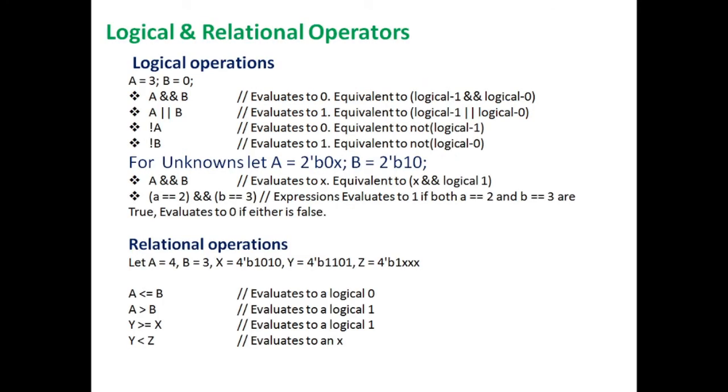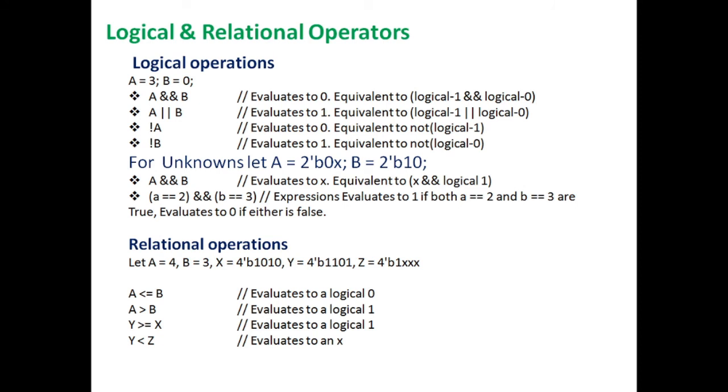Moving to the next operators, we have logical and relational operators. So what are the logical operators? Say A has taken a register, it may be an integer or whatever data type, A equal to 3 and B equal to 0.